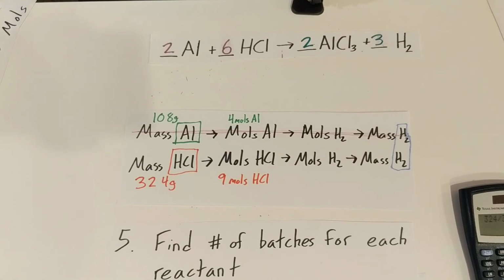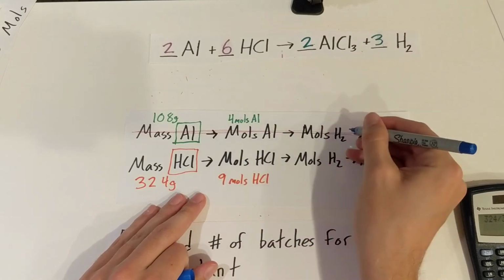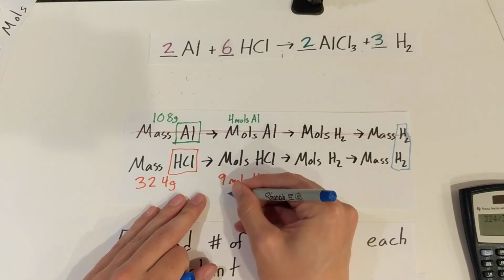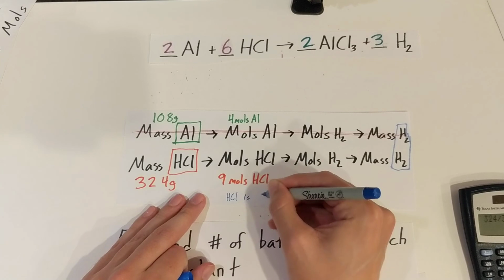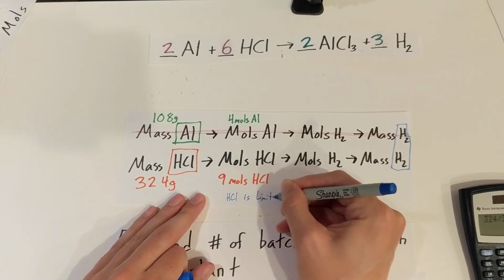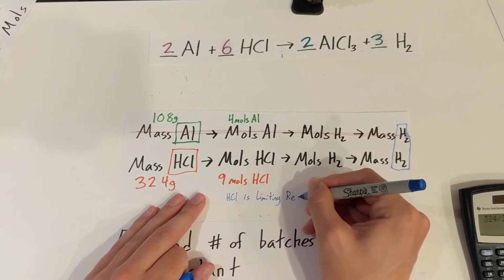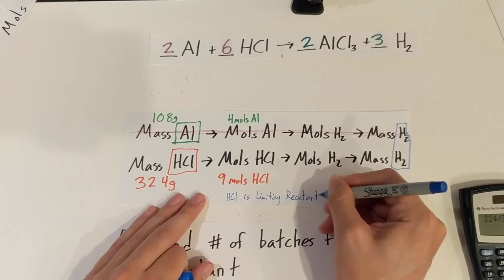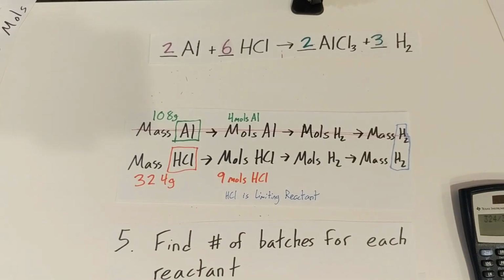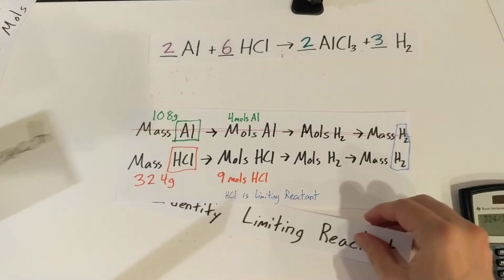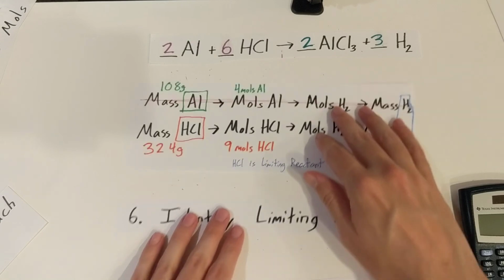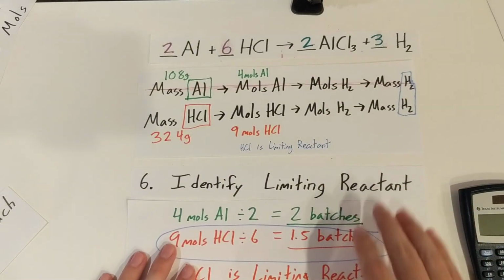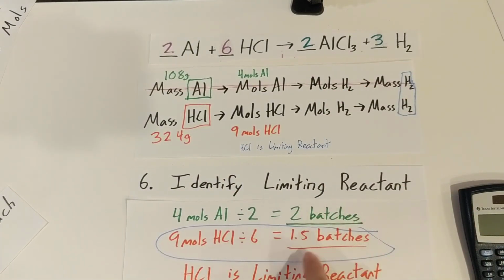So I should probably write that down there so we remember why we're crossing this one out and going with HCl. HCl is limiting reactant. Oh, you know, and I jumped ahead because step number 6 was identify limiting reactant. So I just talked about that. So figure out the batches. Whatever's less is limiting.